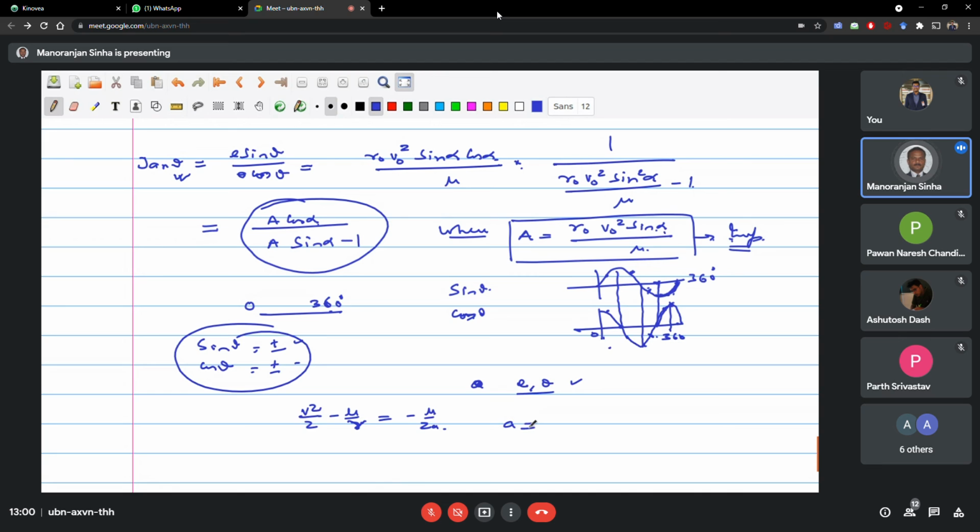So from here, A will be equal to mu divided by 2 times mu by r minus v square by 2. This 2 comes here in this case.